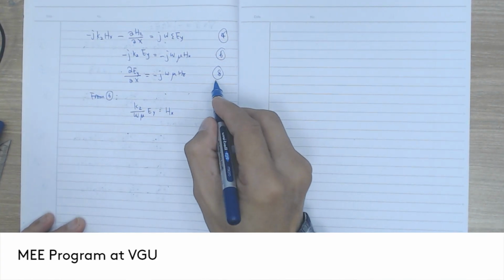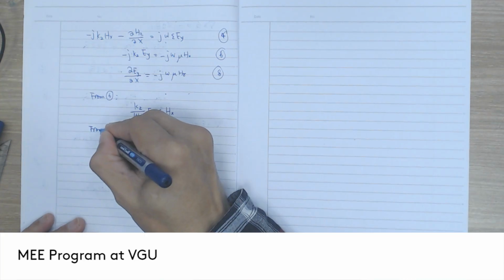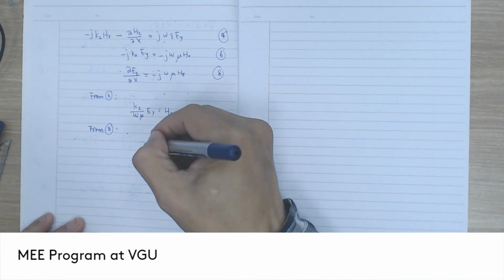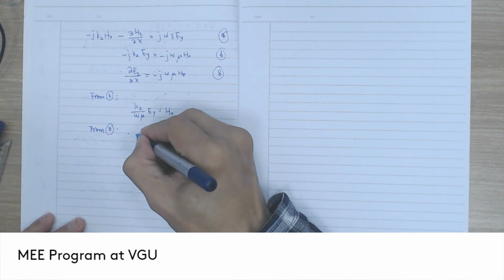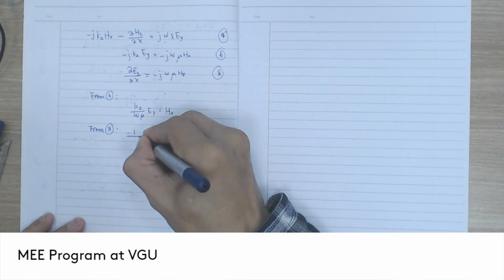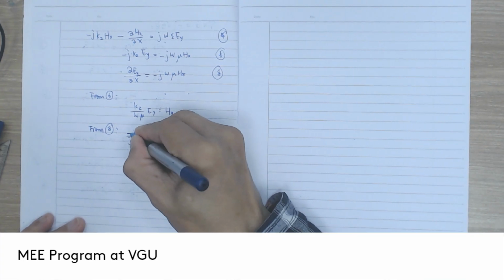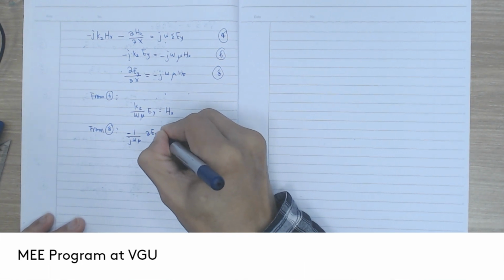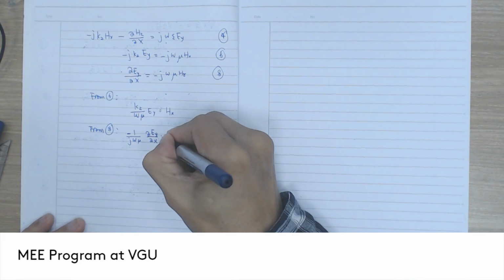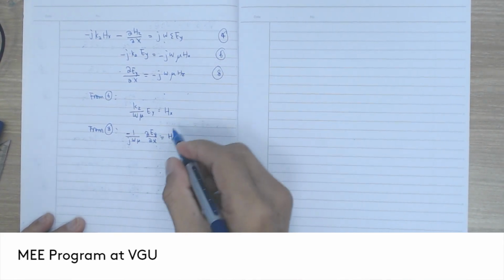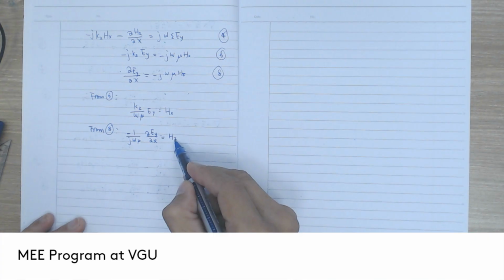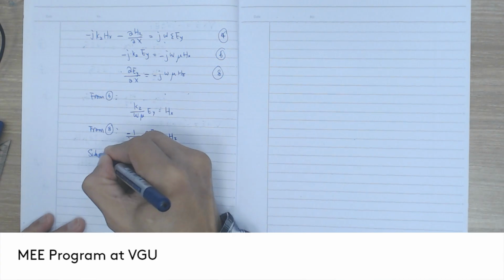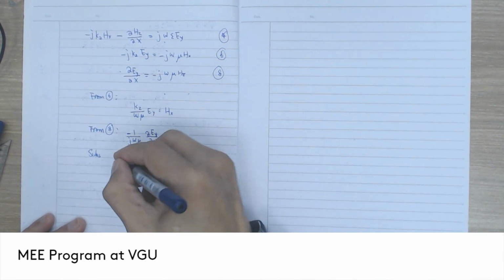And from a, we get omega mu z. Okay, we substitute h of x and substitute h of z to equation 4.